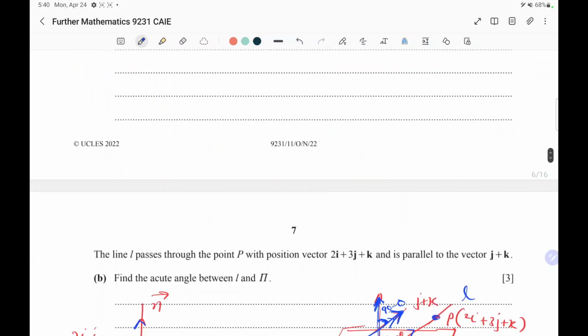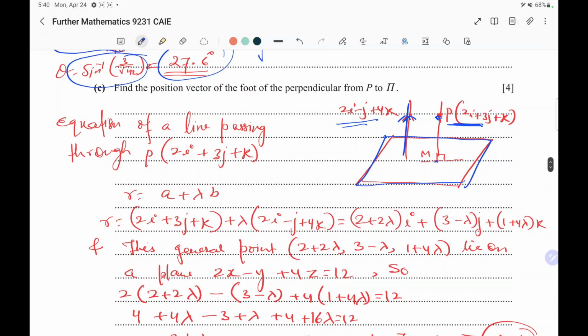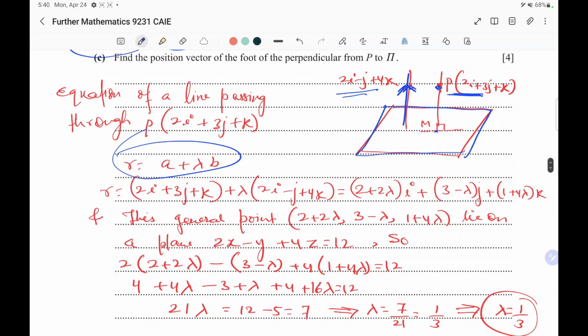Now we can find the equation of this line because the line is passing through the point P, and the parallel vector is given. So the equation of the line is r equals a plus lambda b. A is 2i plus 3j plus k, and b is the parallel vector for this line, but it is the normal vector for the plane, so 2i minus j plus 4k.